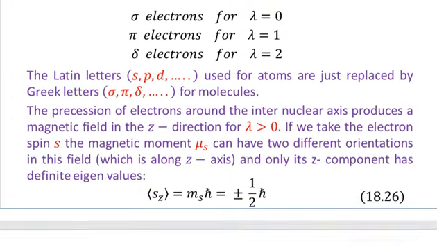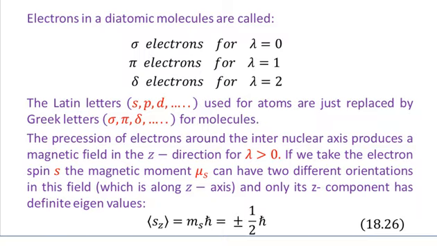Now we come back to our molecular system. Electrons in diatomic molecules are called sigma electrons for lambda equal to 0, pi electrons for lambda equal to 1, delta electrons for lambda equal to 2, and so on.